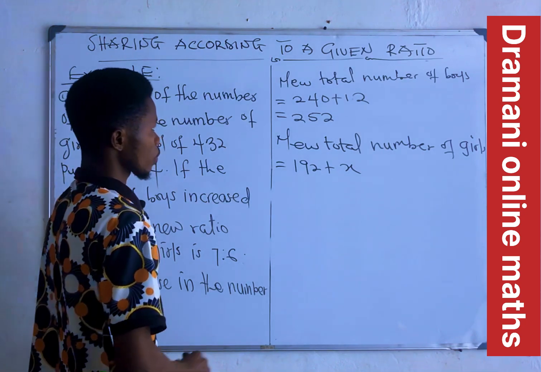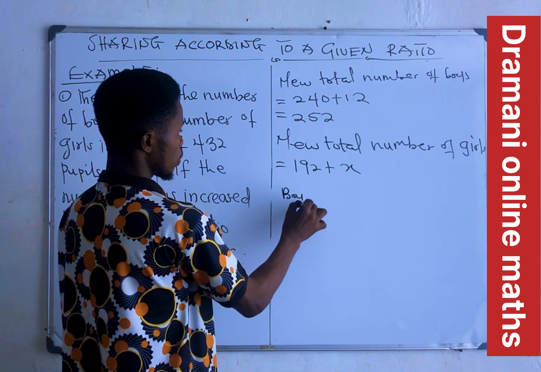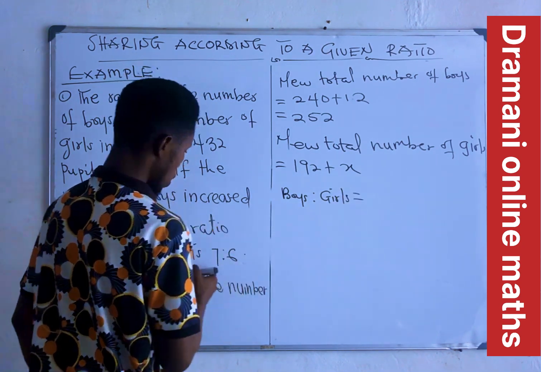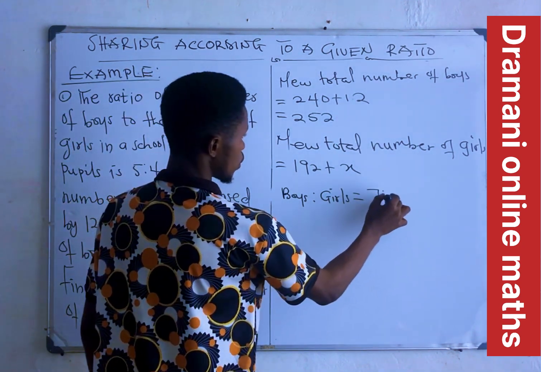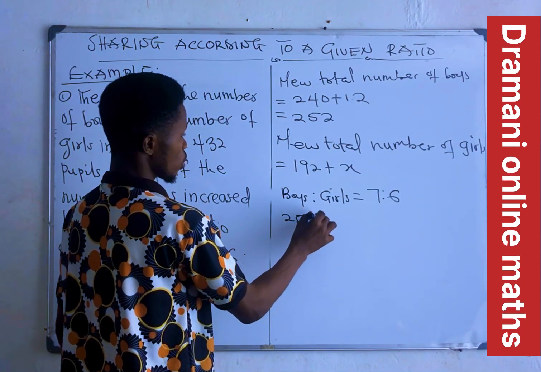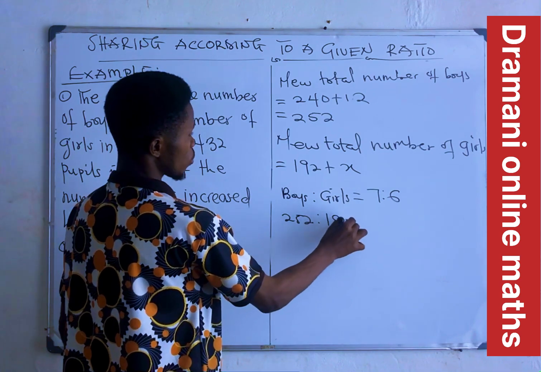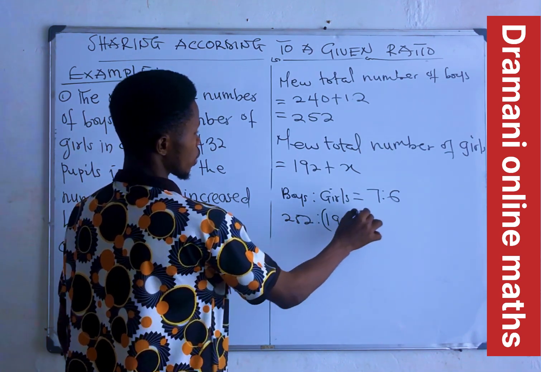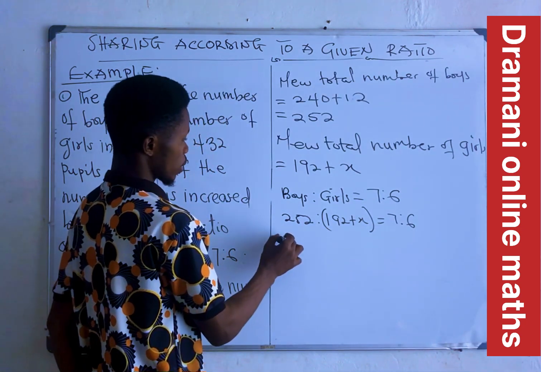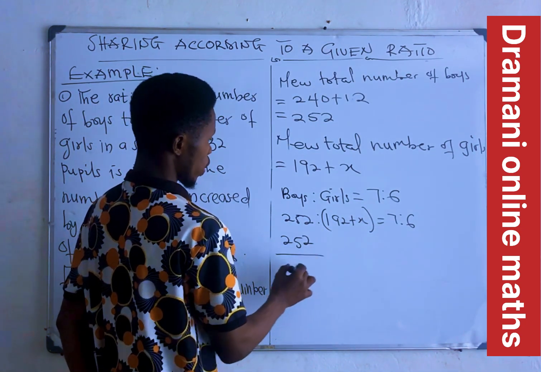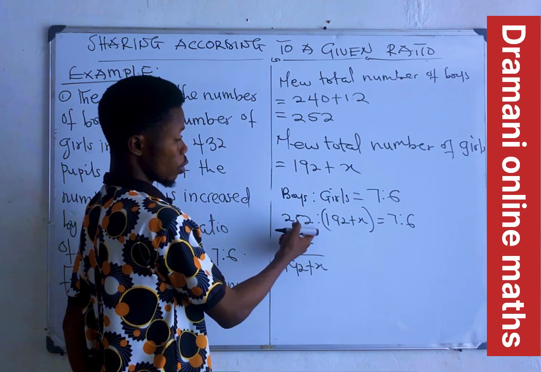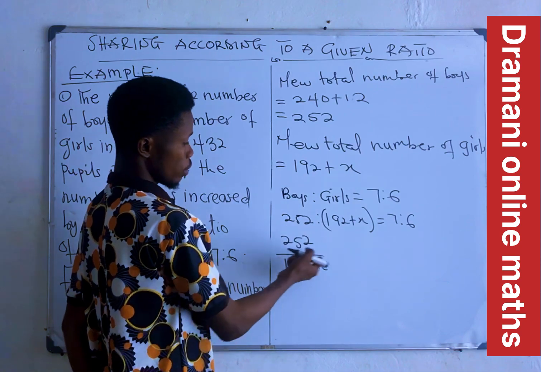Now, boys is to girls, and the new ratio is 7 is to 6. Meaning of this is that boys is 252 is to girls is 192 plus X. Is that okay? And it is 7 is to 6. I can write this as 252 over 192 plus X. When we're dealing with ratio and proportion, I told you that ratio is the same as division.